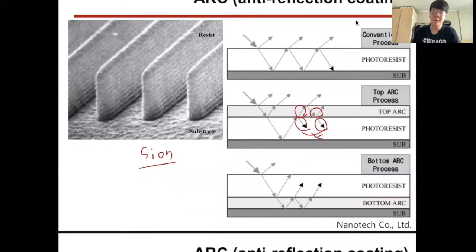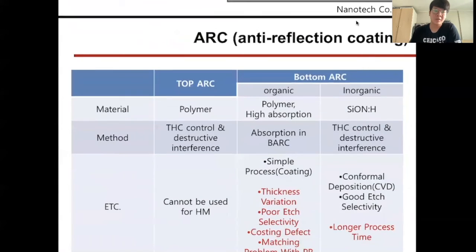There is a top ARC and a bottom ARC. We can put it on top of the photoresist or at the bottom of the photoresist. Nowadays, we don't use top ARCs.